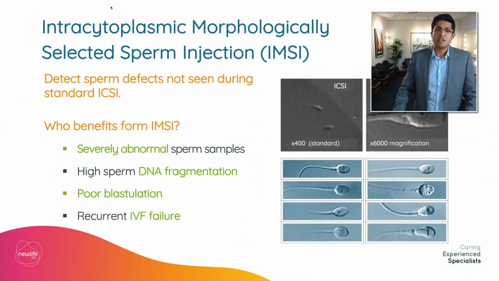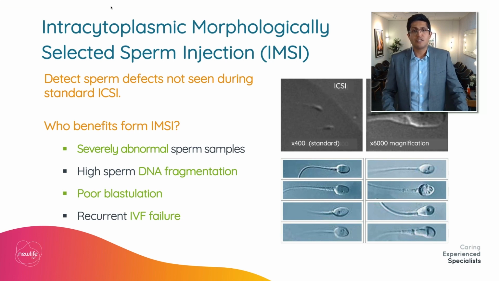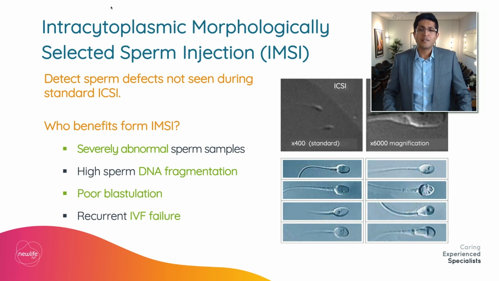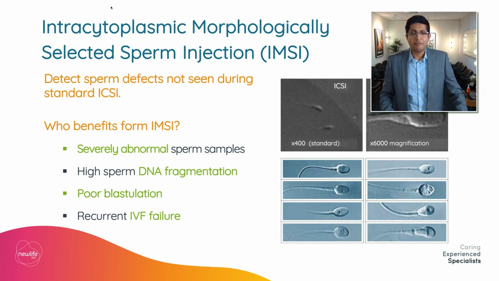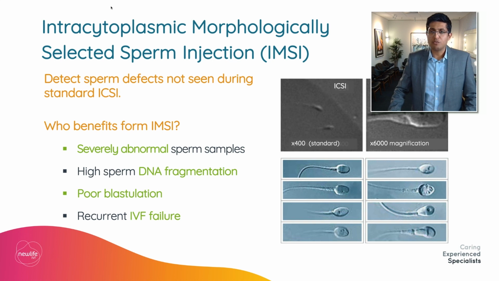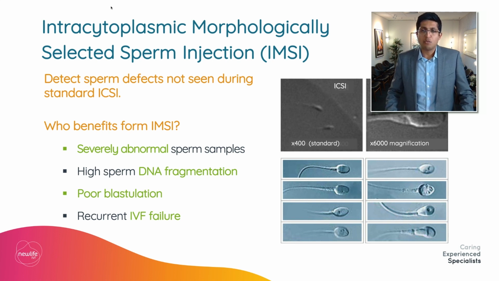Coming back to IMSI, what is that? Well, there are certain things that you can see in ICSI at super high magnification that you can't see at the standard magnifications. You can see from the little picture that a sperm that might be fine for selection through standard ICSI, when you do the 6,000 times magnification, you can see these little holes or vacuoles in the sperm, which are an indication of suboptimal quality, and we would deprioritise those sperm for use.